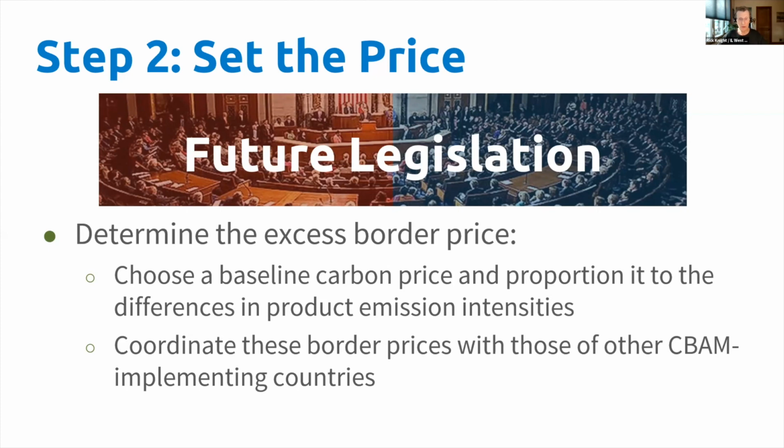And Dana already showed a couple of bills from the last Congress, the Clean Competition Act and the Fair Transition and Competition Act, that specified a baseline carbon price, $55 for the CCA, and the Fair Act, that would be this calculated environmental cost based on the total cost of climate regulations imposed on each covered sector. And that is complicated.